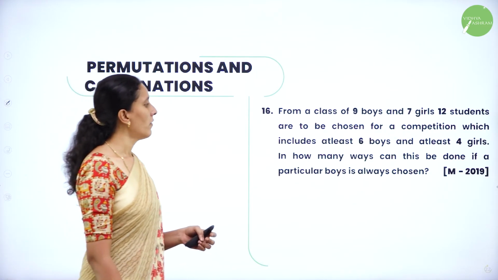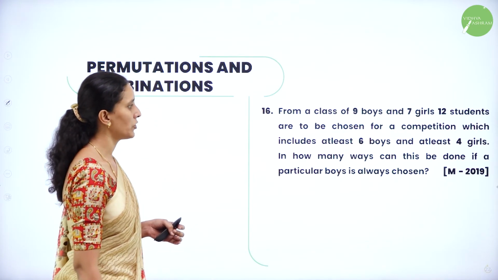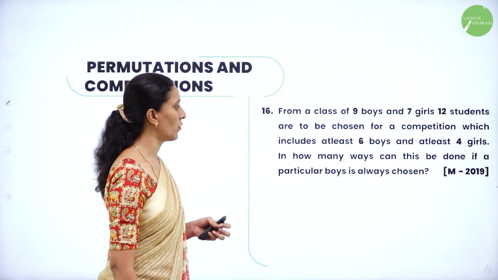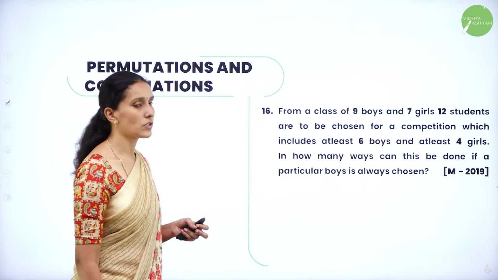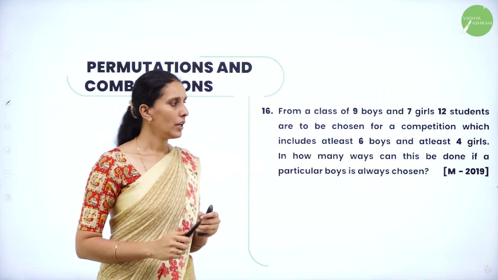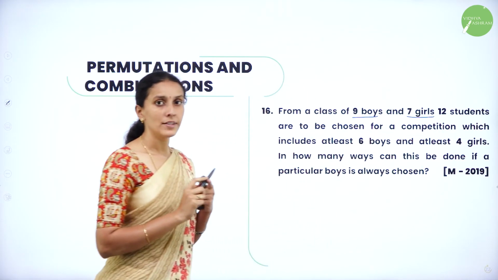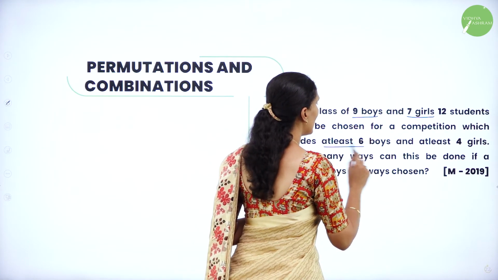Next question. From a class of 9 boys and 7 girls, 12 students are to be chosen for a competition which include at least 6 boys and at least 4 girls. In how many ways can this be done if a particular boy is always chosen? So here, from 9 boys and 7 girls, 1 boy is already selected. So therefore, we don't need to select at least 6.